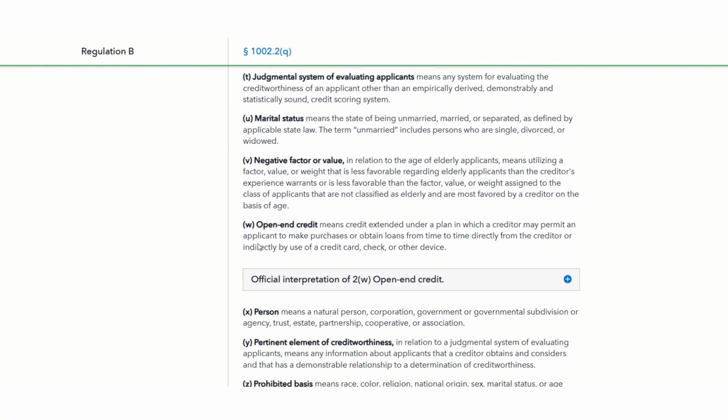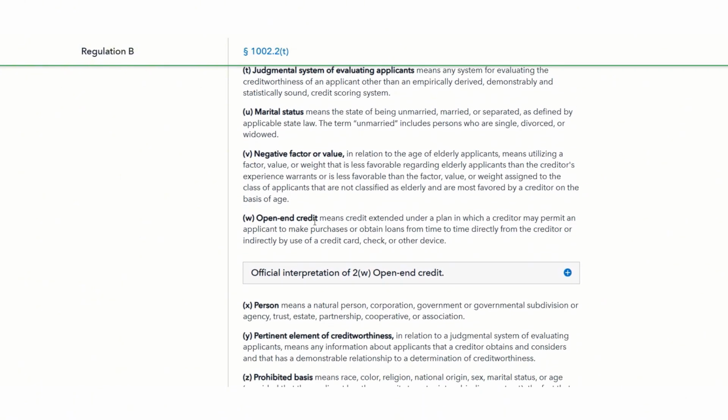You will fit the description of an open-end credit, right? Personal loans and auto loans accounts will fit this description because you are under a plan in which a creditor may permit an applicant to make purchases or obtain loans from time to time directly or indirectly by the use of a credit card.